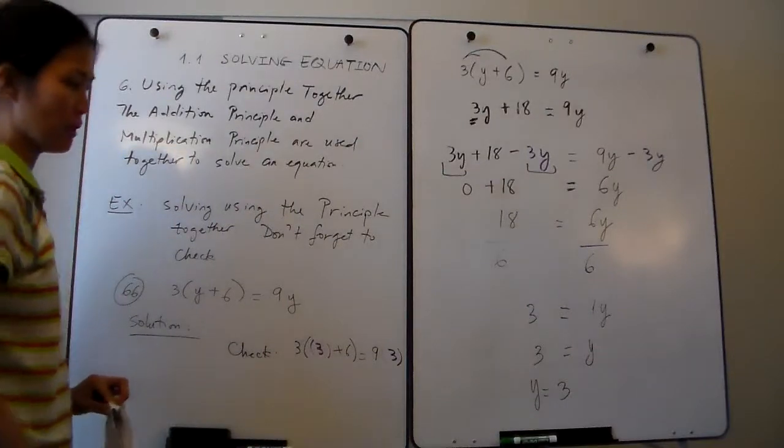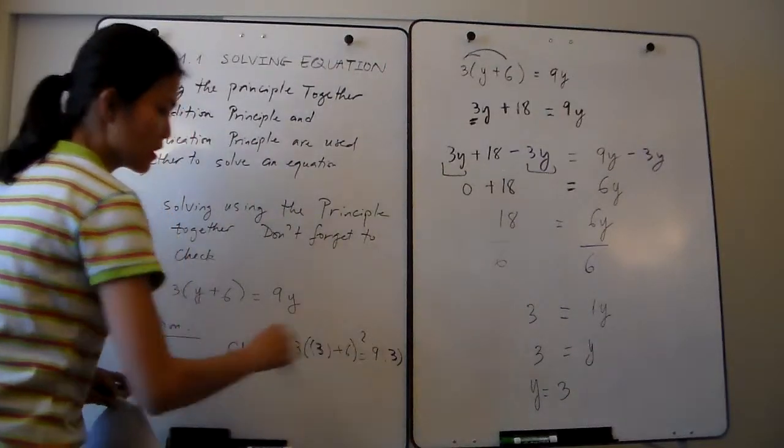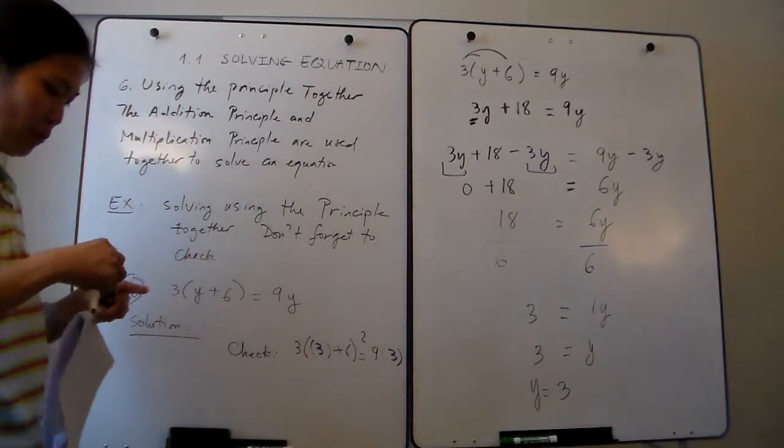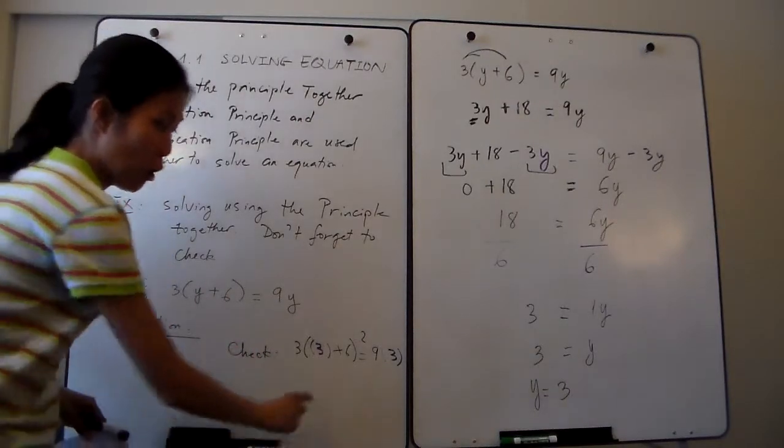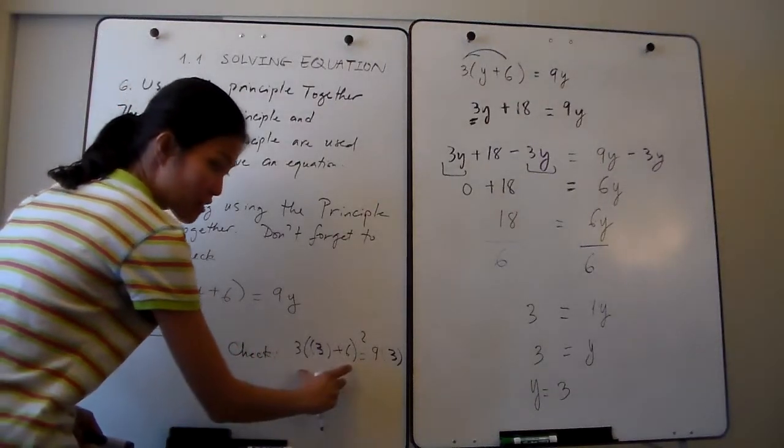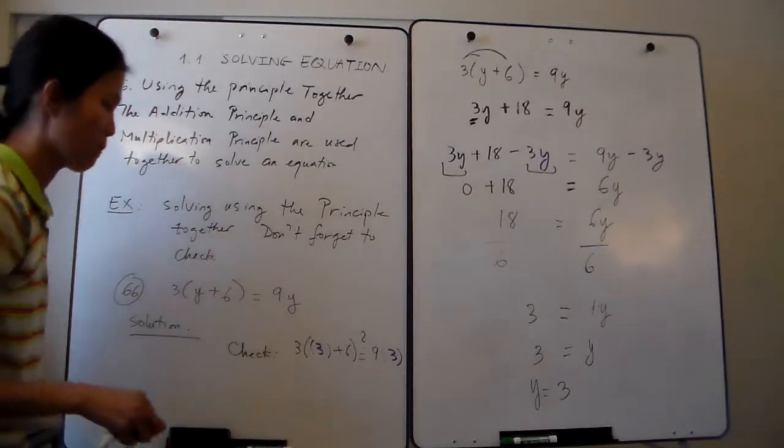Now after we substitute, we don't know if it's correct or not. So make sure you put a question mark, because you don't know if it makes the left hand side equal to the right hand side or not.